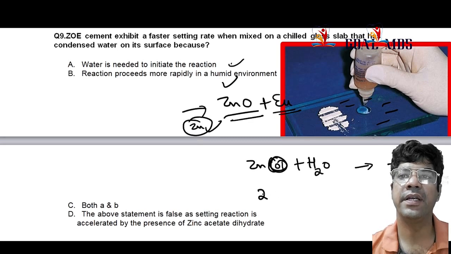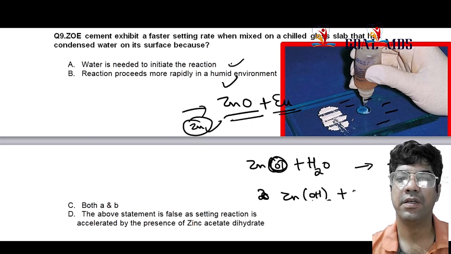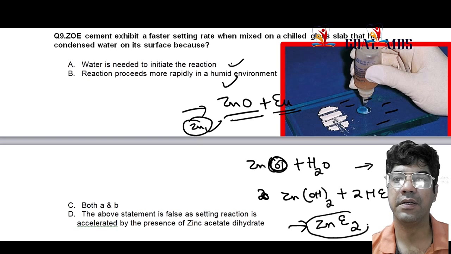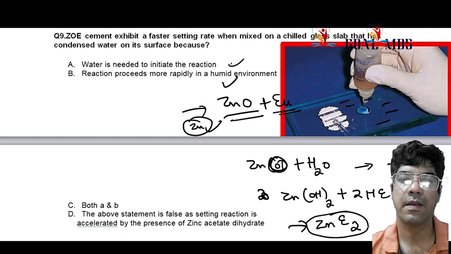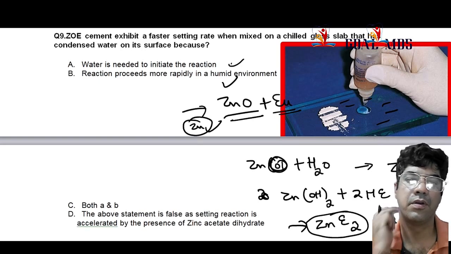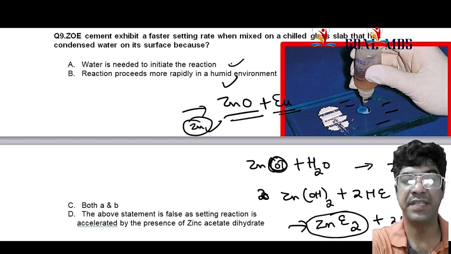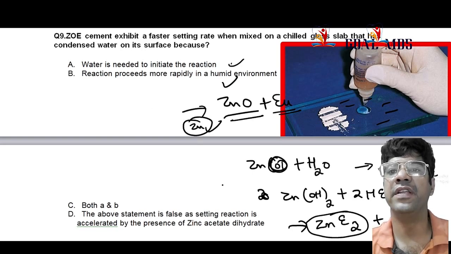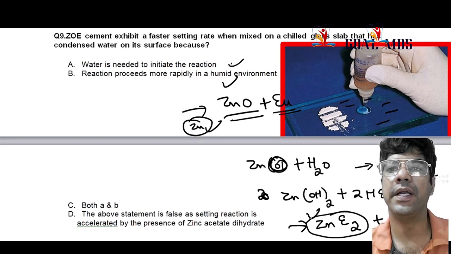So zinc hydroxide will react with eugenol to form zinc eugenolate plus water. So the set structure consists of particles of zinc oxide embedded in matrix of the zinc eugenolate.